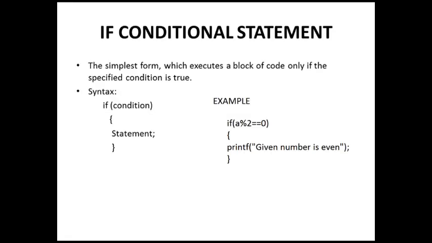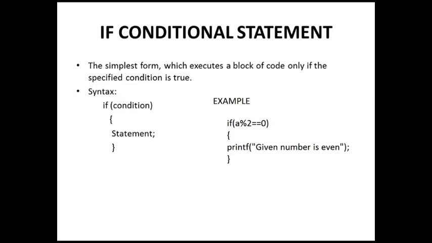The first one is the if conditional statement. It is the simplest form of conditional statement checking. In this, if the given condition is true, we execute one part of the code. Let us see the example.